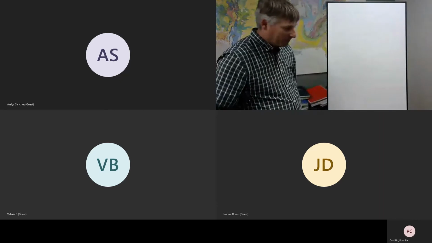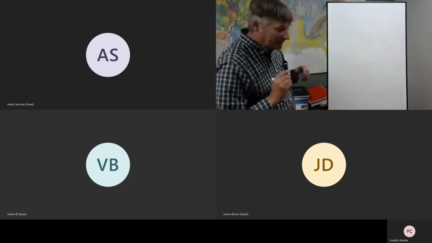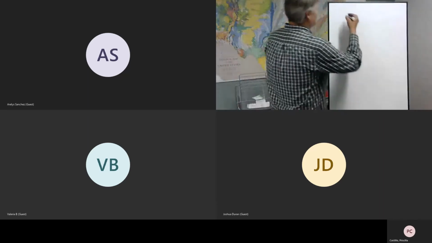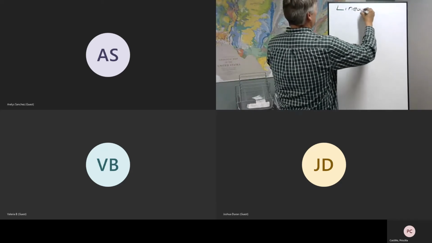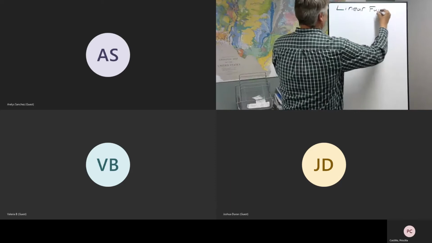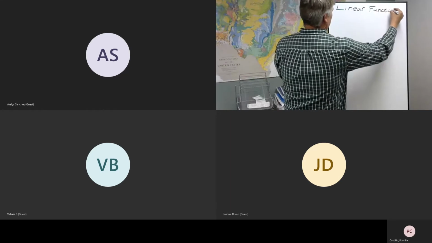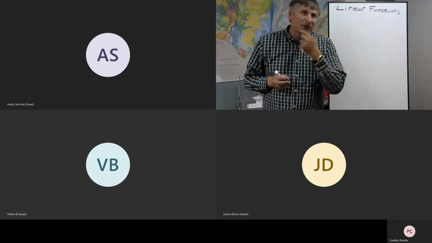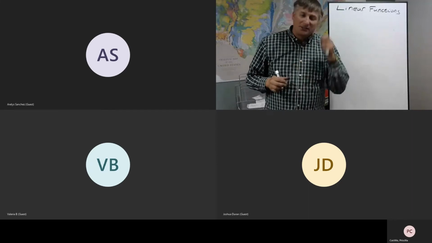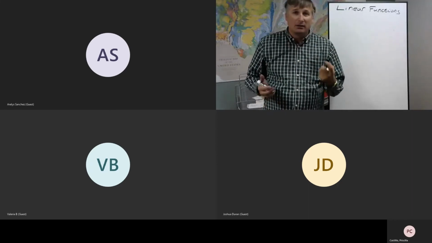So for 2.4, we're going to be getting to what's called linear functions. And basically what a linear function is, it's a function that describes a line.